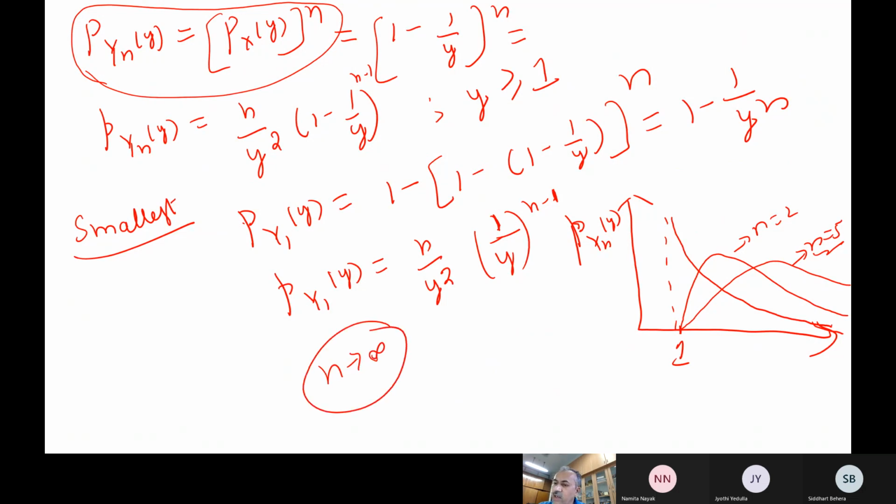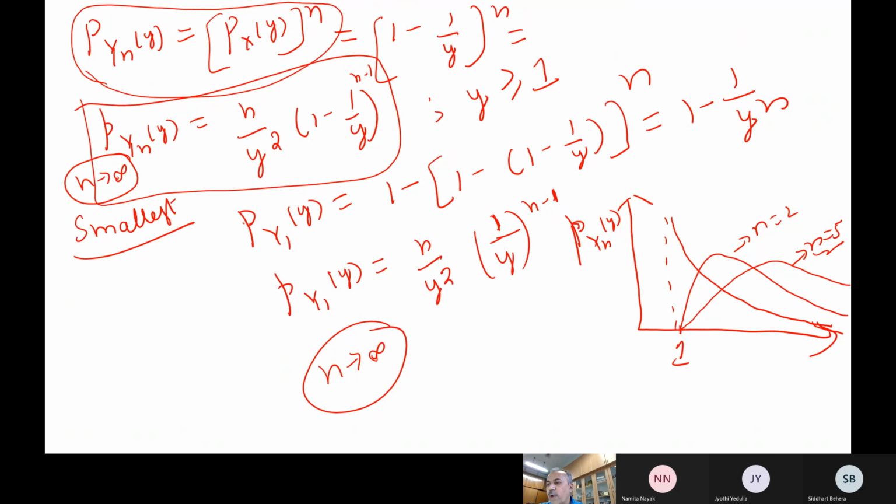So as n tends to infinity, which domain will this go to: type 1, type 2 or type 3? Type 2. So it is type 2. Mathematically you can prove this as n tends to infinity; there is a theorem which automatically shows it.